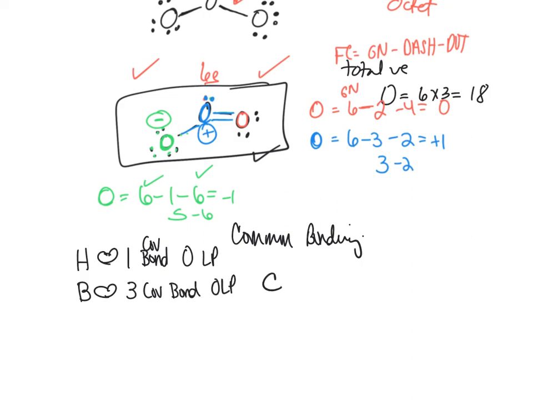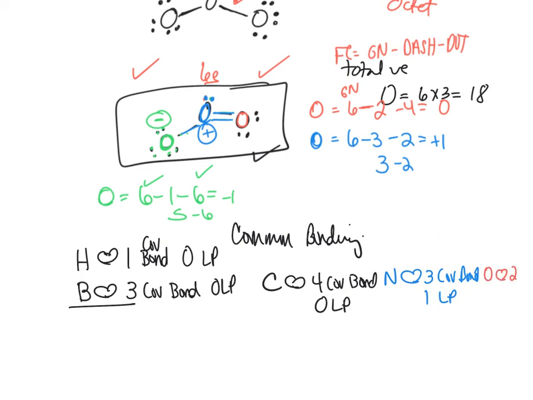You go to carbon, which is next to boron, and carbon loves 4 covalent bonds and 0 lone pairs. Nitrogen loves 3 covalent bonds and 1 lone pair. Oxygen loves 2 covalent bonds and 2 lone pairs.